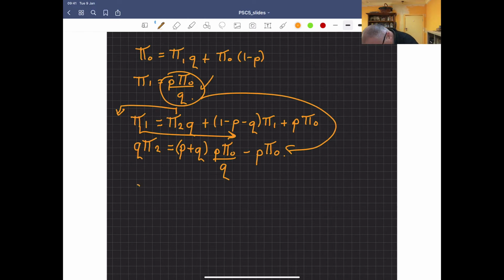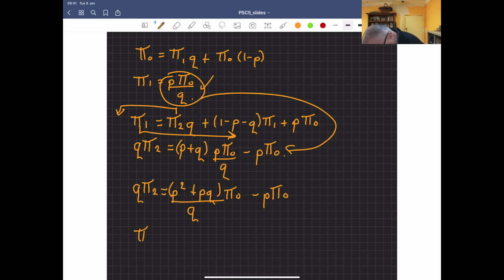We can simplify that. That is going to be q pi 2 equals p squared plus pq all over q pi 0 minus p pi 0.